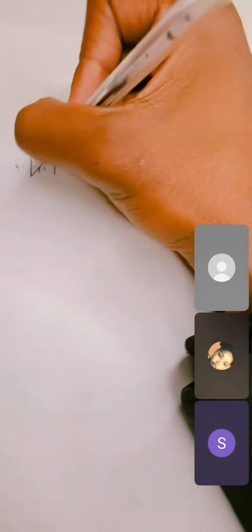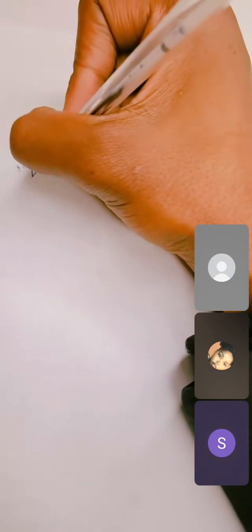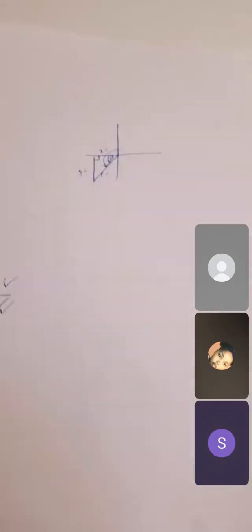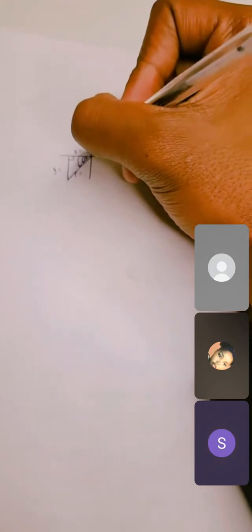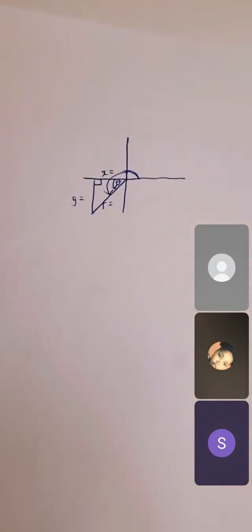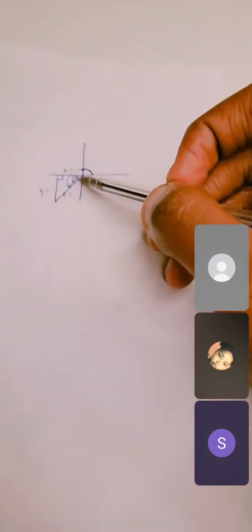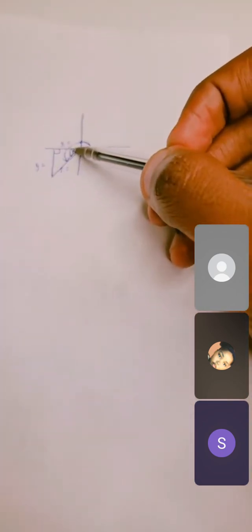That is your reference angle. Then, of course, you have your standard angle, coming all the way from 0 to the third quadrant. But you have your theta angle, which is basically an acute angle.